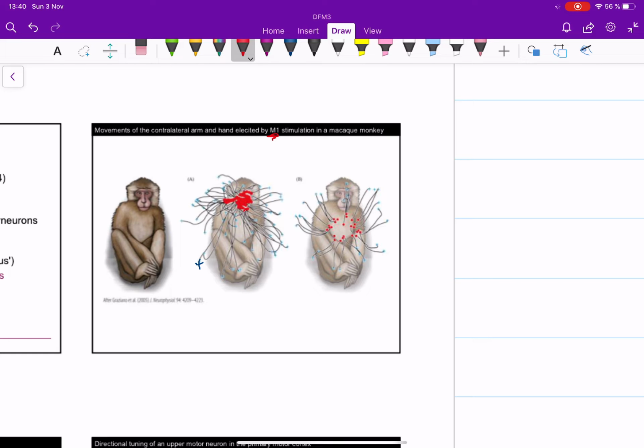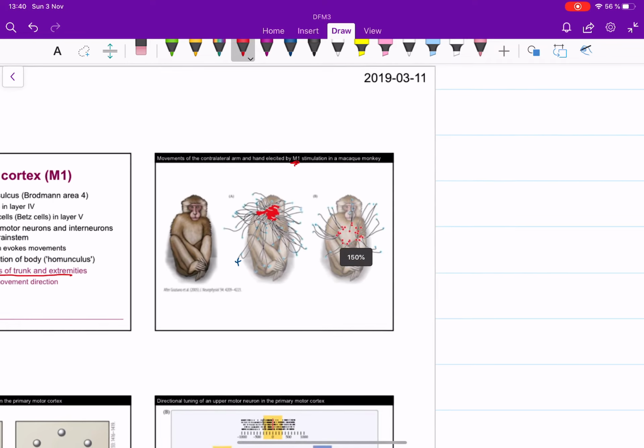So it's a voluntary movement where the monkey moves his hand toward his mouth. That happens when we stimulate the primary motor cortex on the contralateral arm.